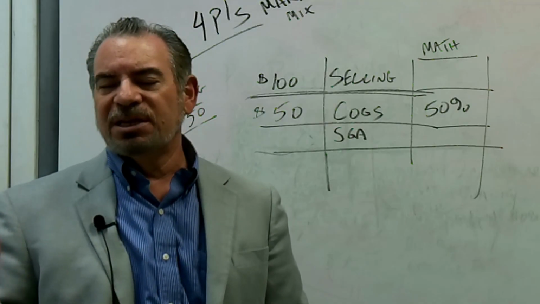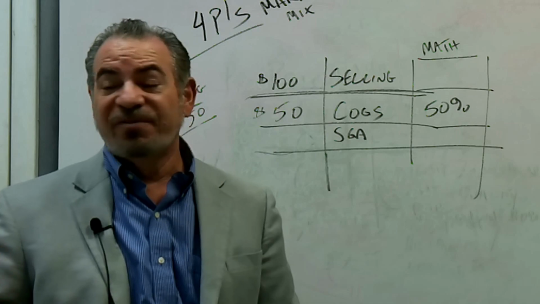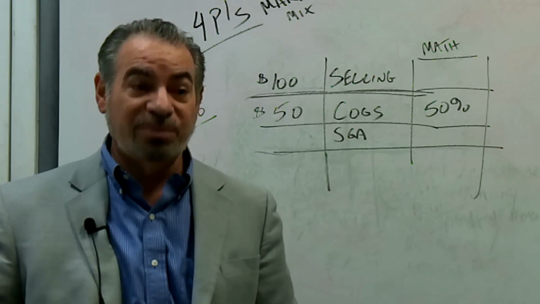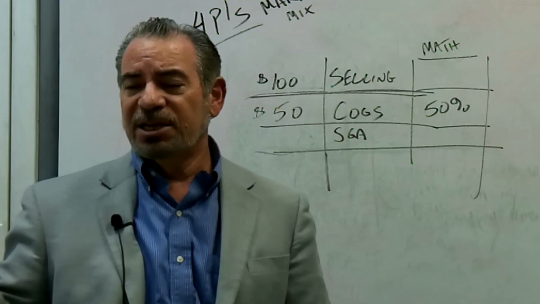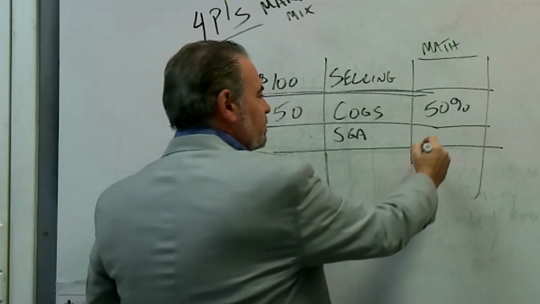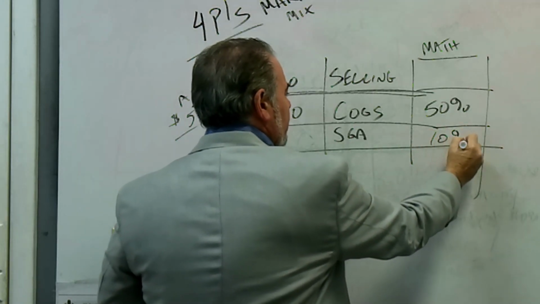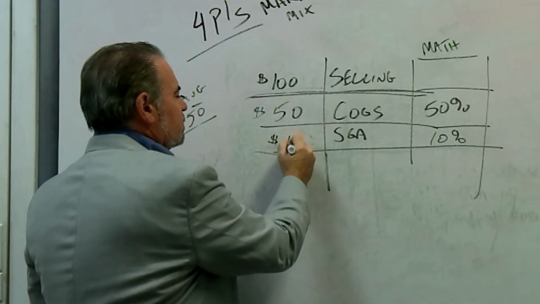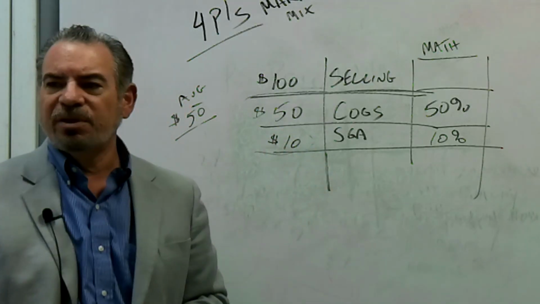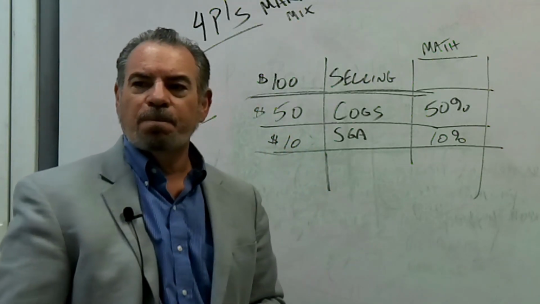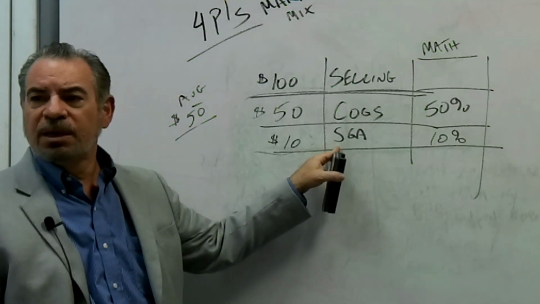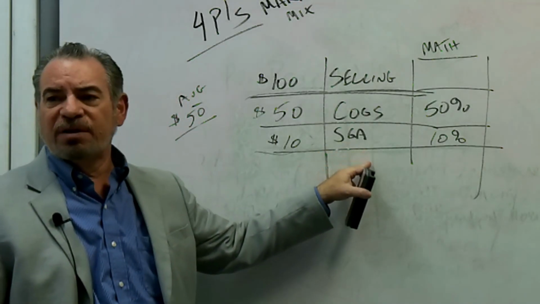Most cases, it shouldn't be more than 15%. That's the very high. The average is probably about 10%. So in this case, we'll use the number 10% of the selling price, by the way, right? So 10% of this 100 is $10. Okay, everybody see that math there? Okay. Sorry, what is SG&A? SG&A, selling, general administrative expenses.